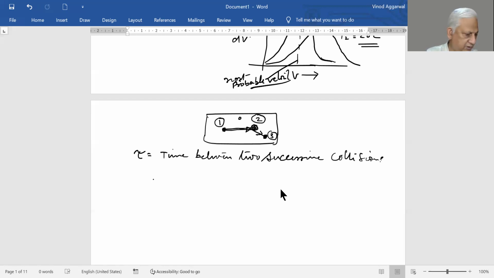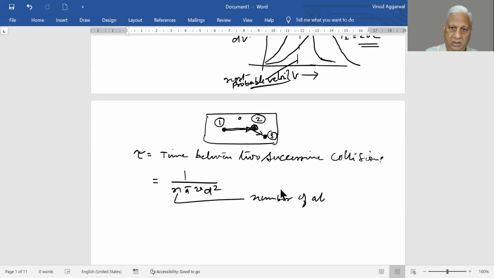And it is given as, n is the number of atoms or molecules per unit volume.